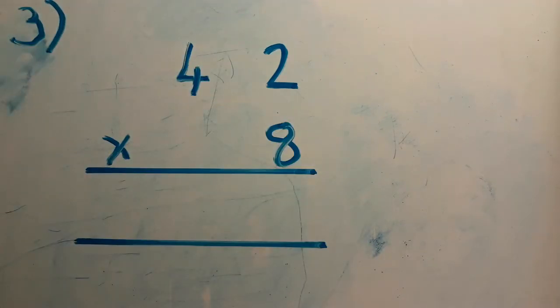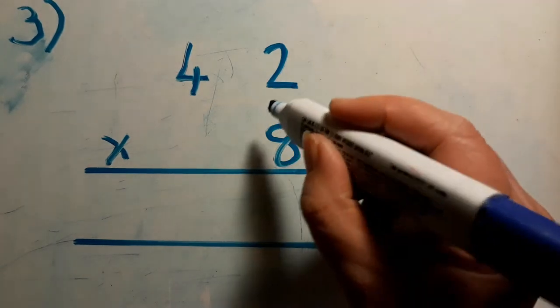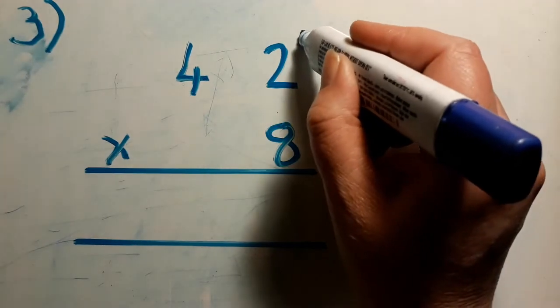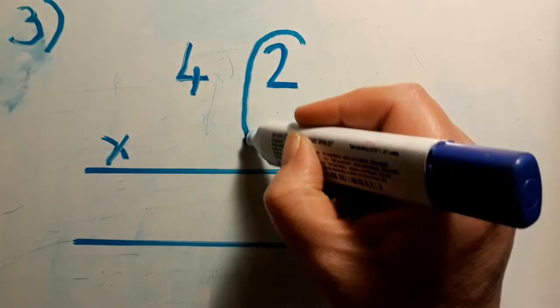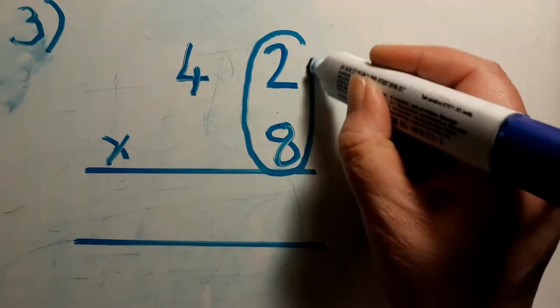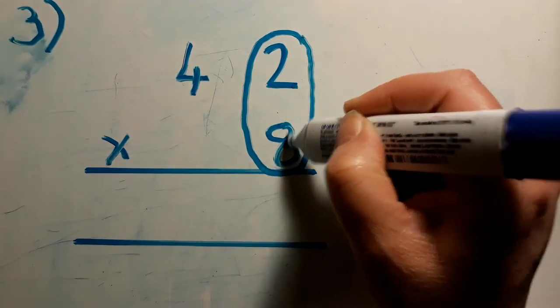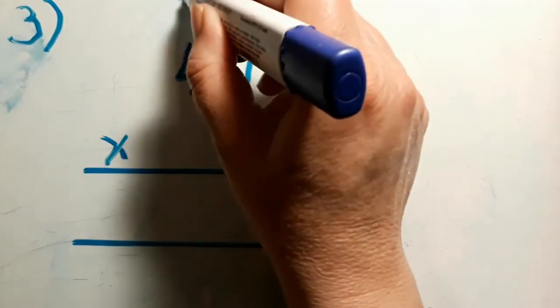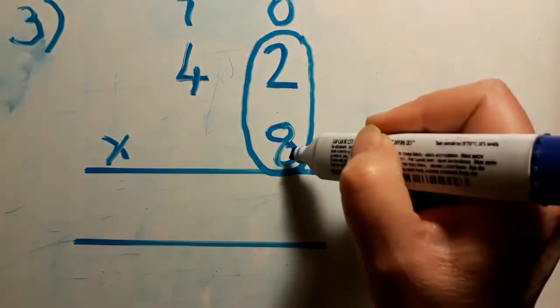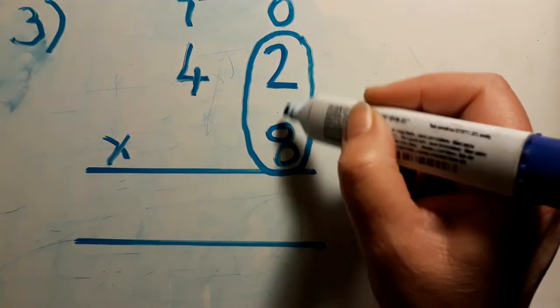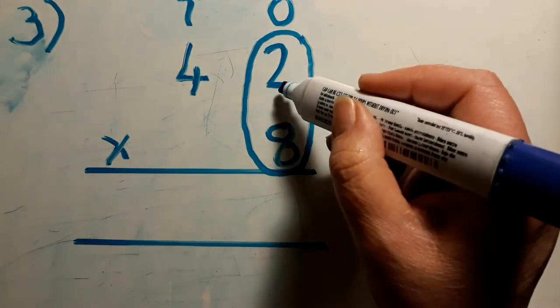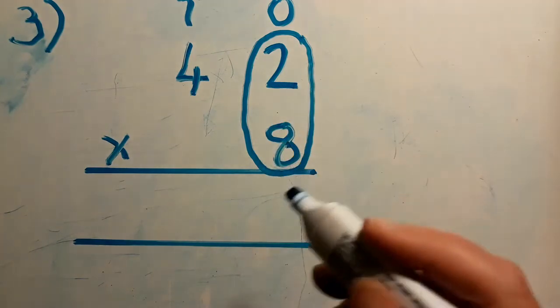Okay, so this is Danny's method. Alright, now in Danny's method you do the same 8. So you do 8 times 2. Remember, these are the tens and these are the ones. And you should know that 8 times 2 is 16.